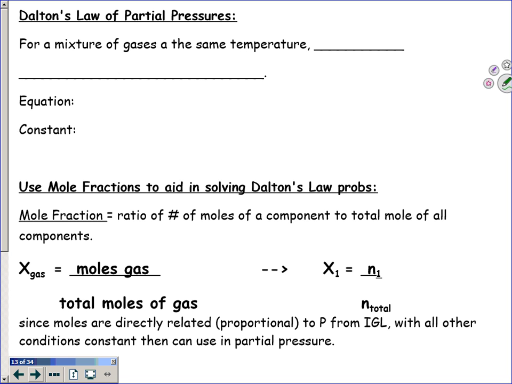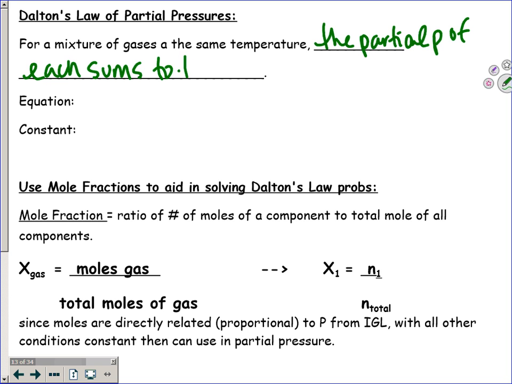A couple of you answered this part yesterday, where you're taking the partial pressures. That's called Dalton's law. A mixture of gas at the same temperature: the partial pressures of each gas sum to the total pressure of all gases.